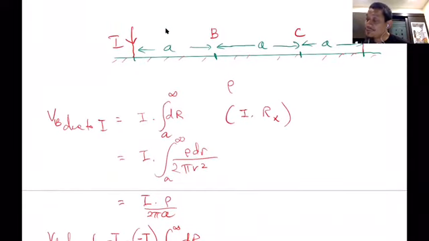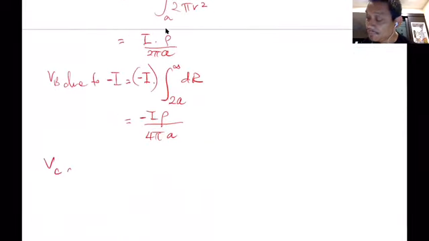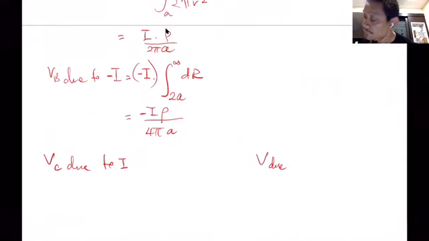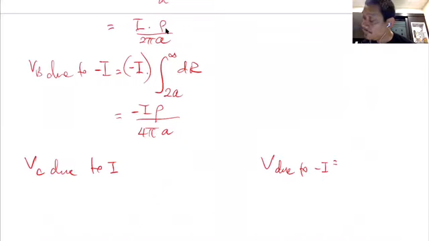Similarly, you have to do VC, VC due to I and VC due to minus I. Can you do that one?